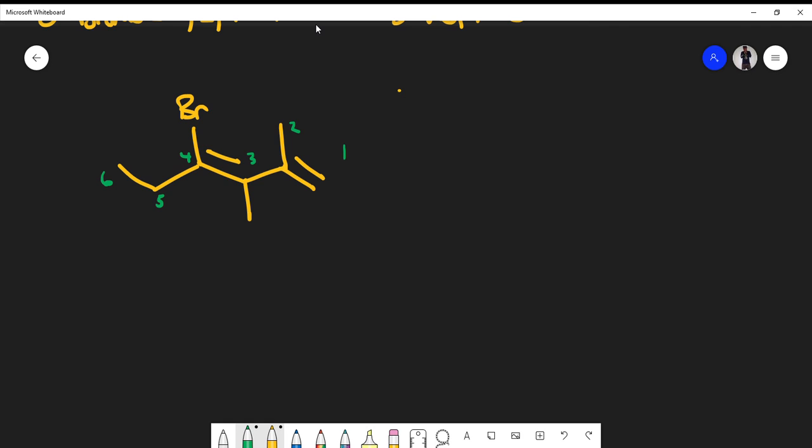So essentially we have a hexadiene as the parent in this case, because we're dealing with two alkenes in a 6 carbon chain. Now we have to give the alkenes their locant positions. So we have an alkene at carbon number 1, and we also have an alkene at carbon number 3. So that's our parent.